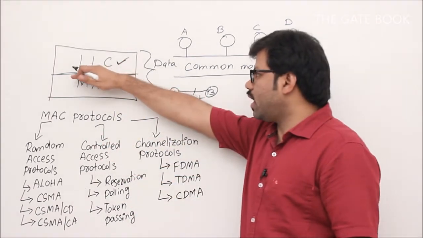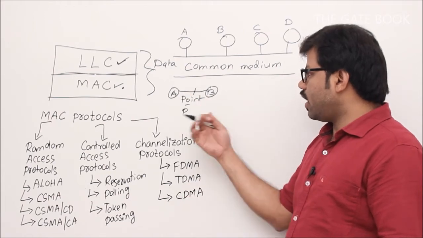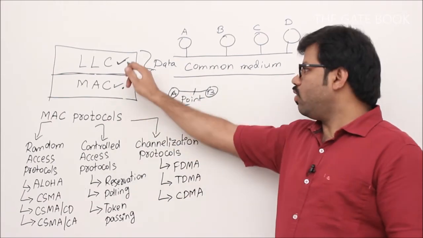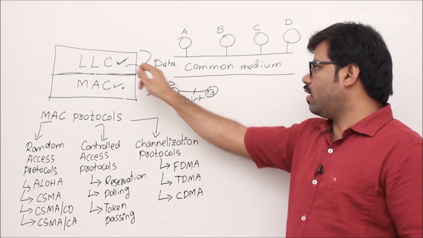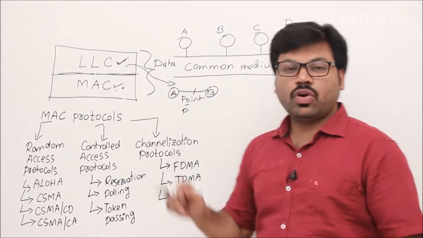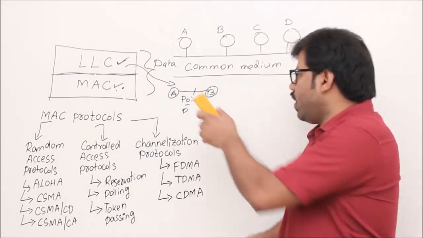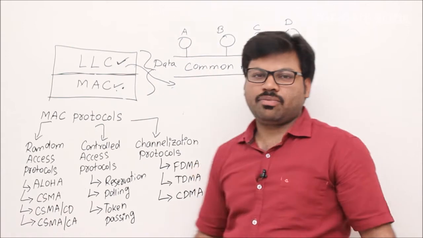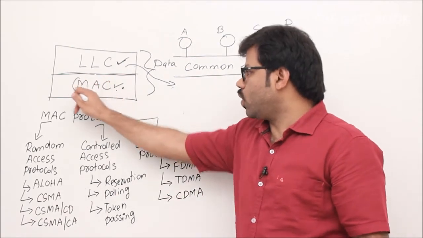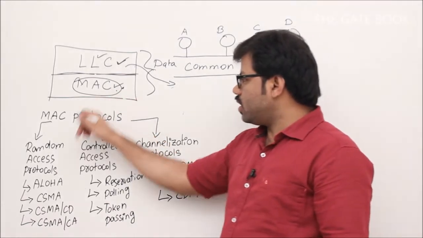In that way, if you have this kind of logical separation, when two computers don't have a common medium, then we directly run this set of protocols rather than that one, because MAC is unnecessary, correct? So MAC protocols are only required when you have a common shared medium. That distinction is necessary. Now we will focus on these protocols. Already we have studied all these LLC protocols, isn't it? Now we will see MAC protocols.